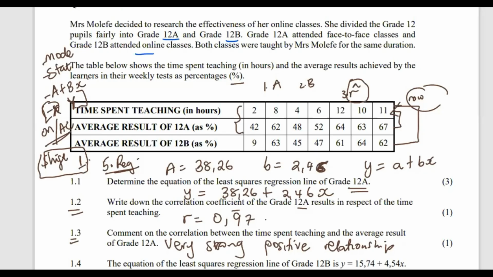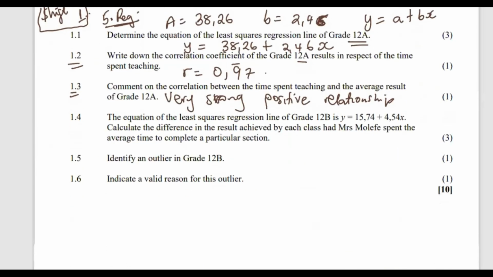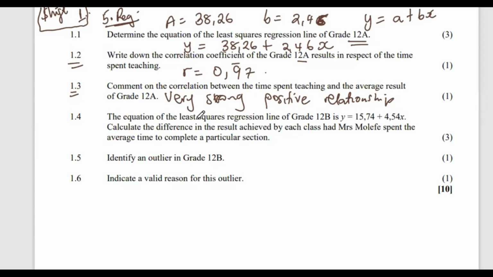Then when we look at 1.4, they're telling us that the equation of the least squares regression line of 12B is given as this. Okay, we need to calculate the difference in the result that is achieved by each class, had this lady spent an average time to complete a particular lesson.